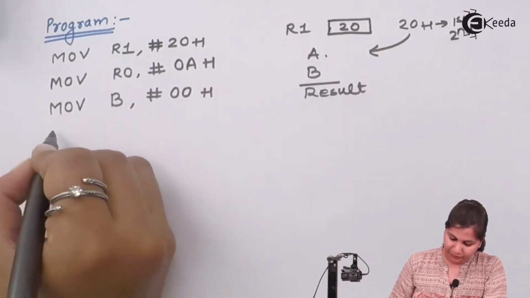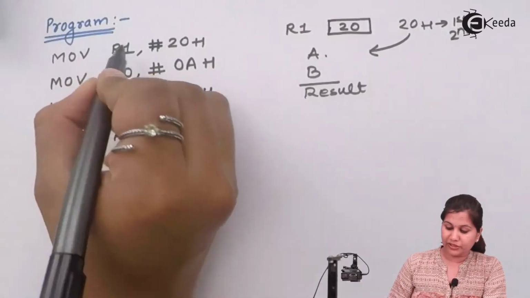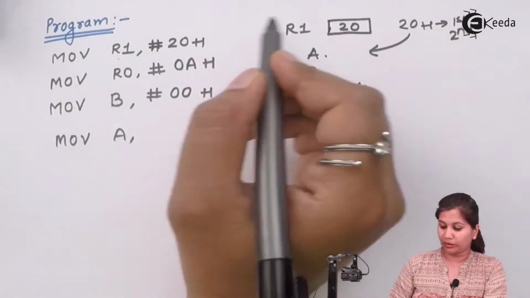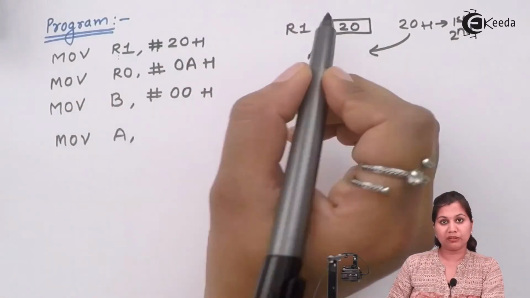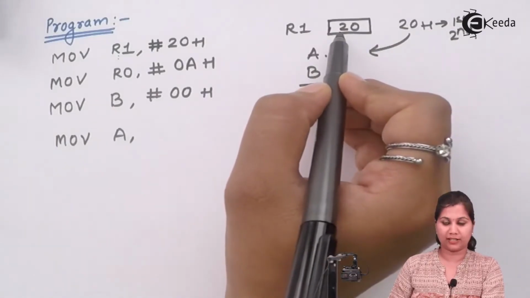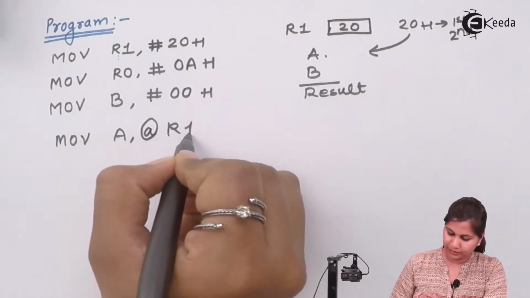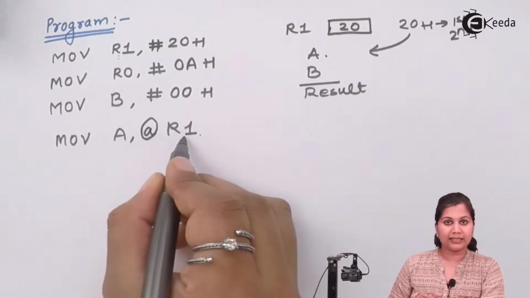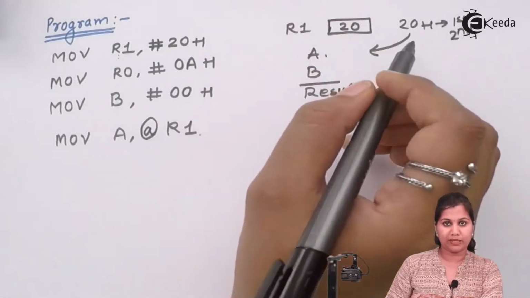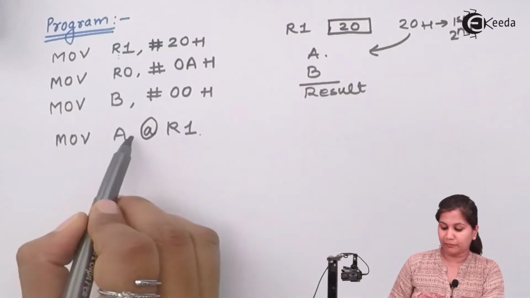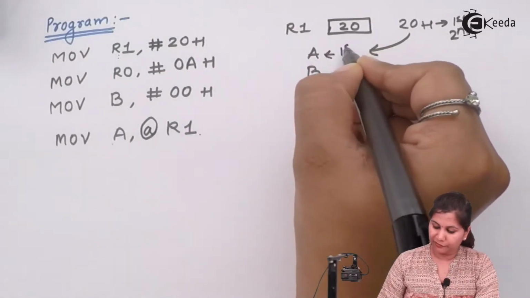So the next step is to move into the accumulator the number stored at 20H. Now in R1 we have the address. We don't want the address, but the number stored at this address. So for that we use indirect addressing: the number in R1 is the address, at that address a number is stored, so put that number in the A register. So in the A register we have got the first number.